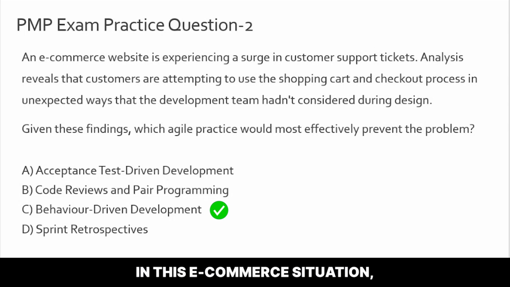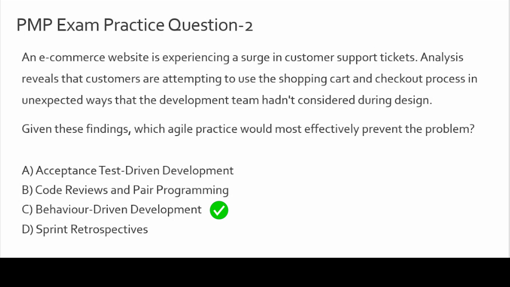Okay, in this e-commerce situation, BDD would have helped the team write specifications from the user's perspective. Okay, and that could have potentially revealed these unexpected shopping cart usage patterns before they became customer support issues.